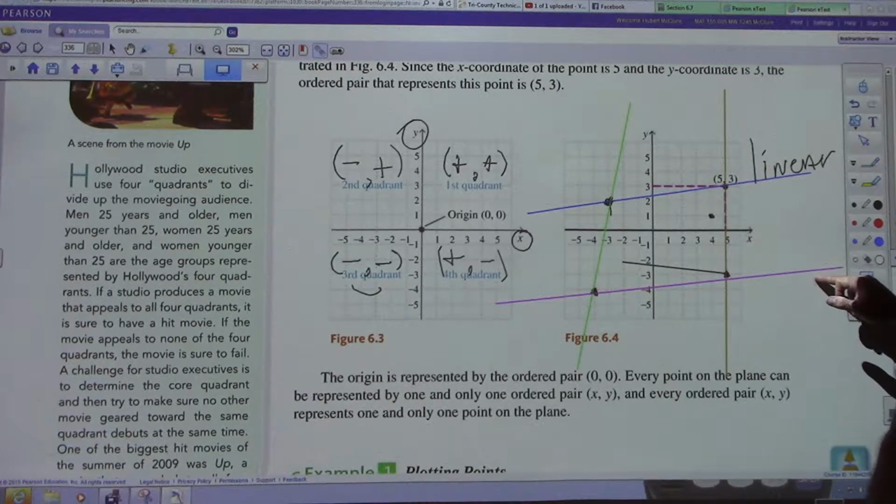Well, you get the point. Just as long as you got 2 what? 2 points. 2 points make up a line. Now, each one of these lines have a slope.